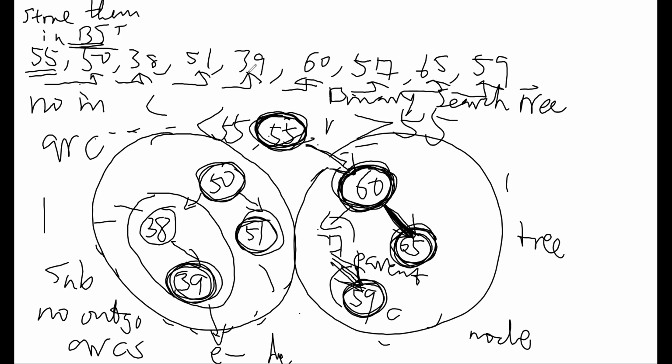But still we can see, suppose I ask, can you tell me if 59 is in this tree? How do we do that? Based on the feature that we just discussed, it's a search.